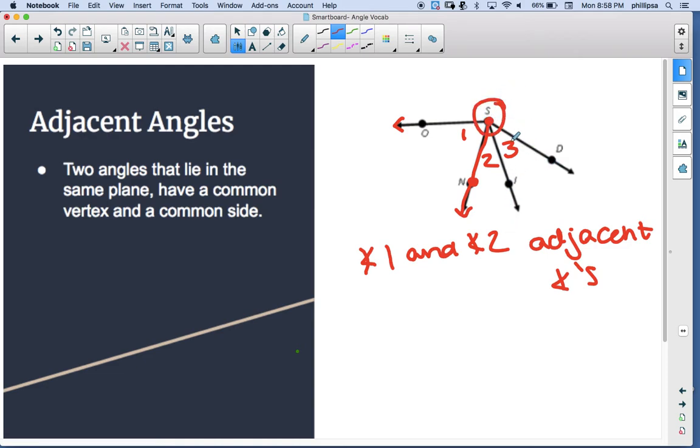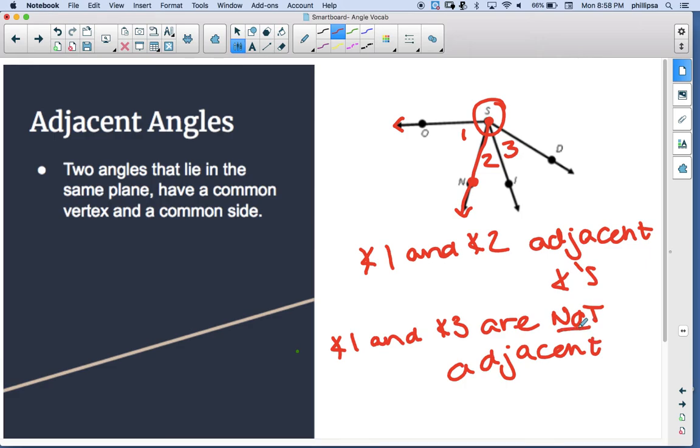But you should notice that angle 3 also has that same common vertex S. However, angle 1 and angle 3 are not adjacent. And the reason that they are not adjacent, despite the fact that they do share a vertex, is they don't share any common sides.